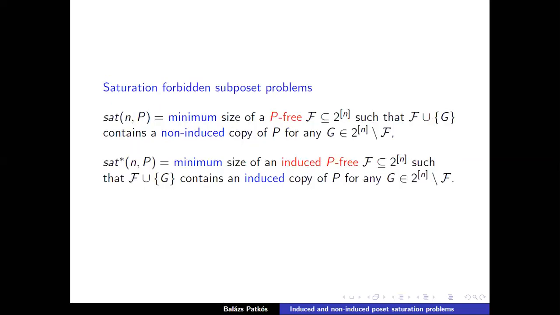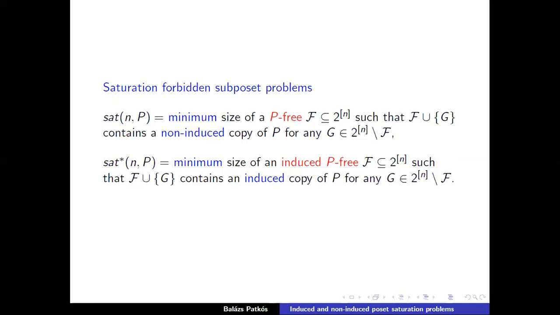Okay. So that's what I wanted to say about the extremal problem. And now let's look at the saturation version, the real topic of today's talk. We will be interested in these two functions, the sat and the sat star function, so the non-induced saturation and the induced saturation function.